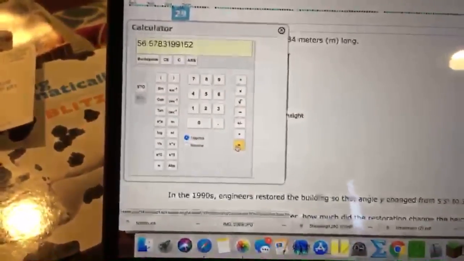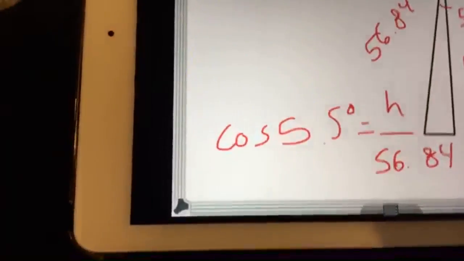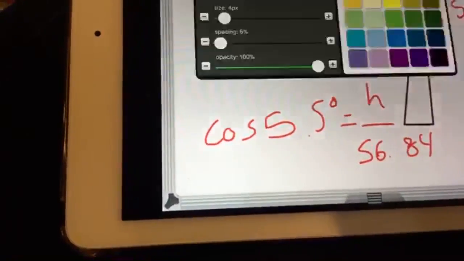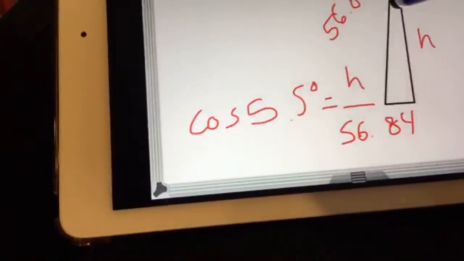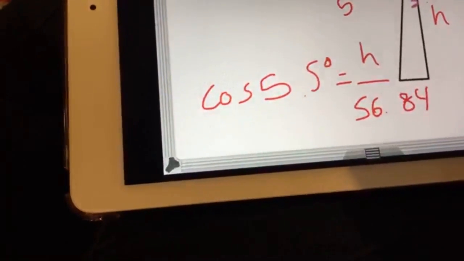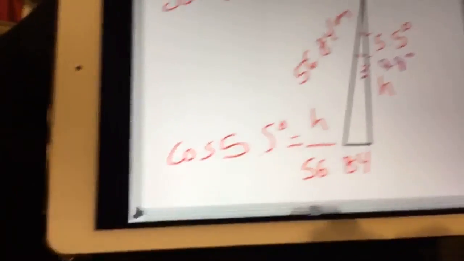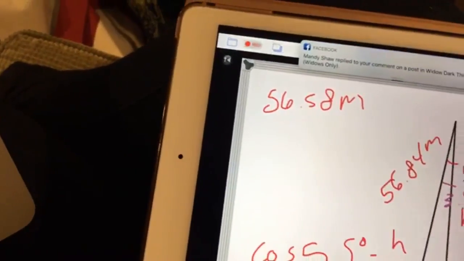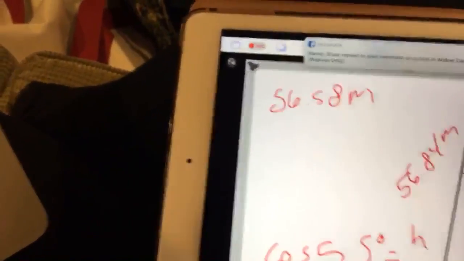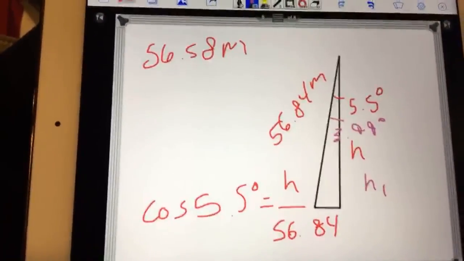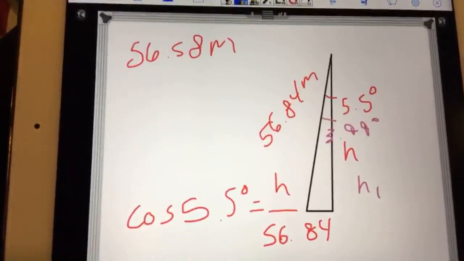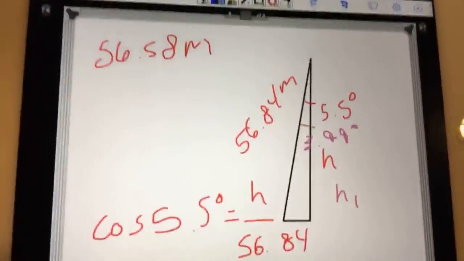Okay, so now we've changed the angle, and now, instead of the angle being 5.5 degrees, it's going to be 3.99 degrees. All right? So we have a new height, and we have the same hypotenuse.